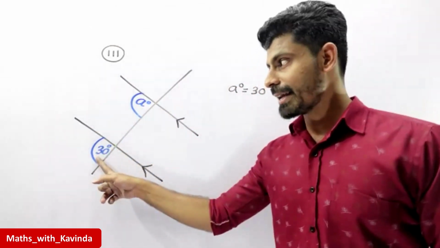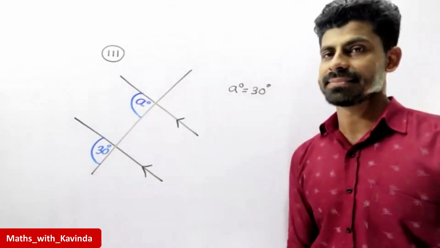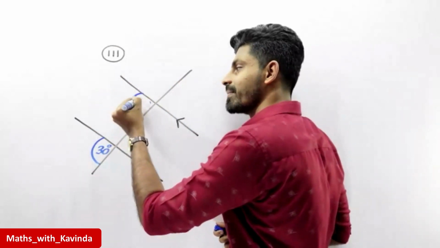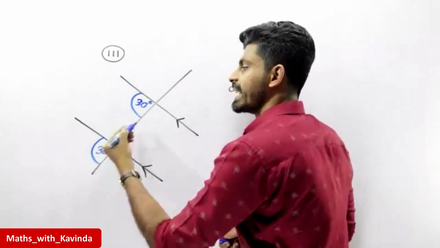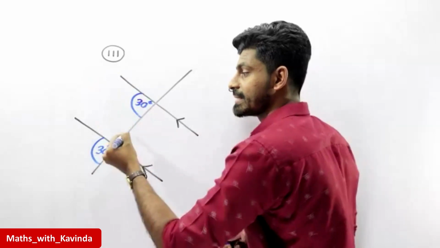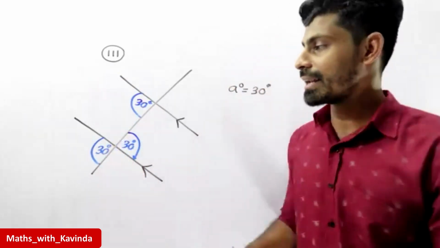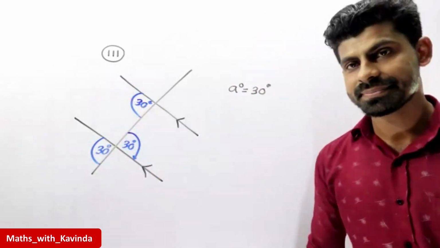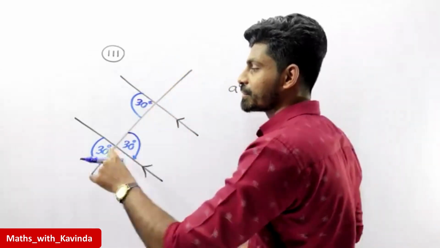That means this one equals to 30. You can see the alternate angles. 30 means this one also 30. Vertically opposite angles are equal.